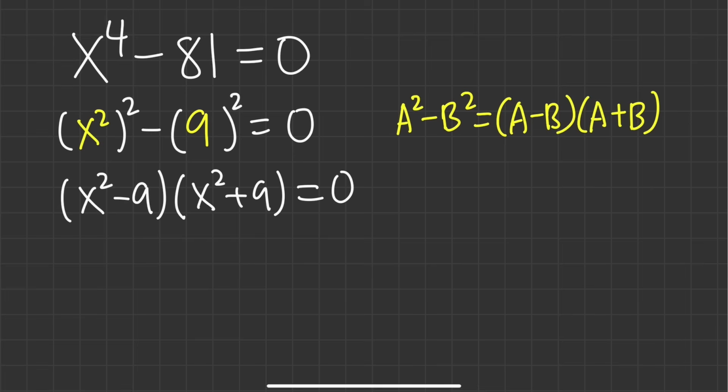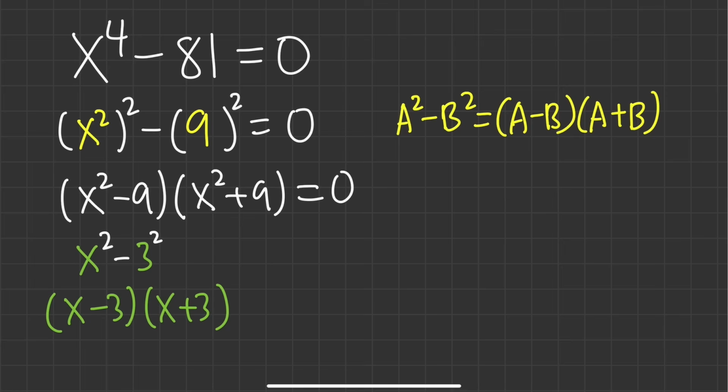And in fact, we can factor more. For the first one, we can look at this as x squared minus 3 squared, so we can factor that and get x minus 3 times x plus 3.